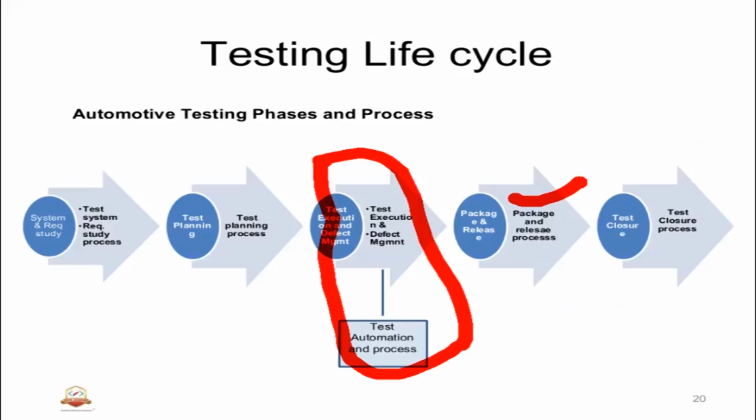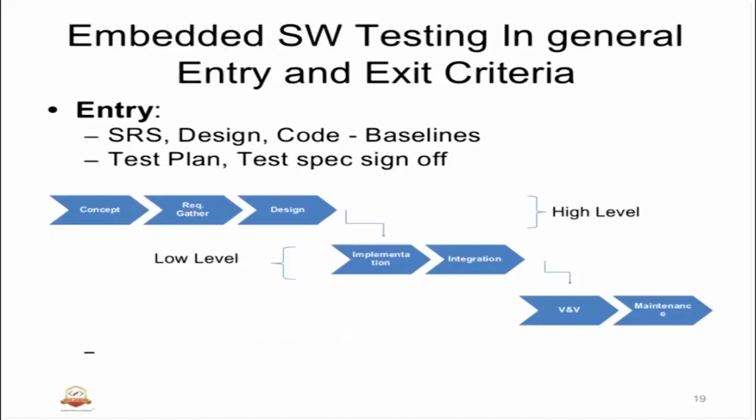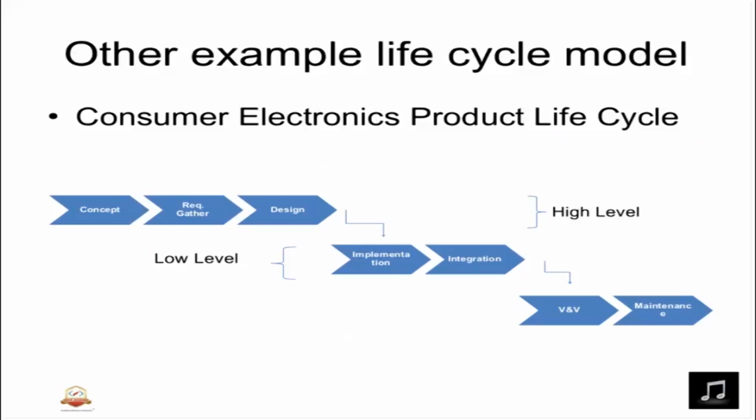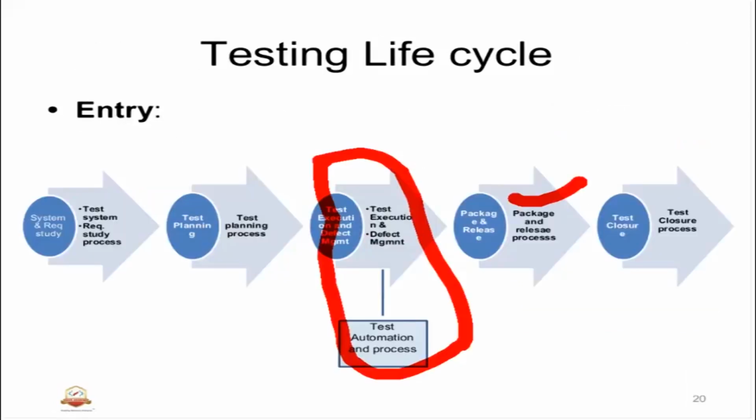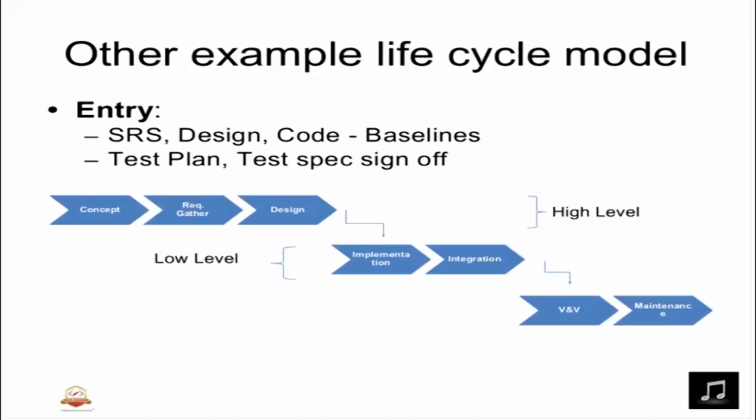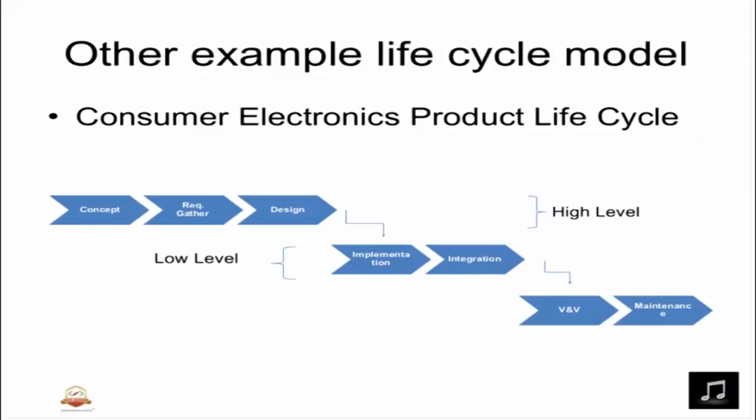There is a different process involved for, for example, consumer electronics. This is an example of automotive testing phases and process. Similarly, we can apply it based on the need for other domains like aerospace or telecom, etc. So one example we have gone through is the consumer electronics product life cycle.